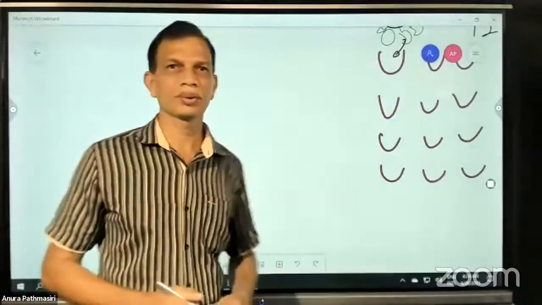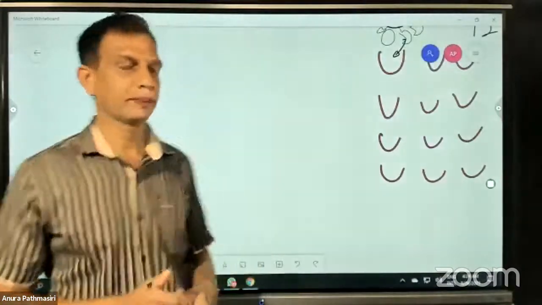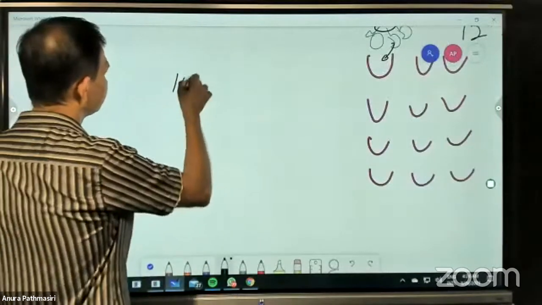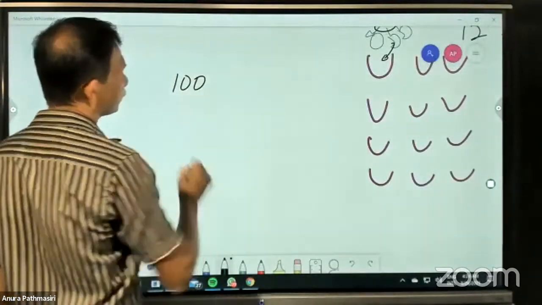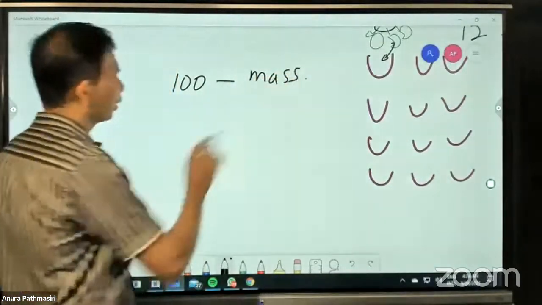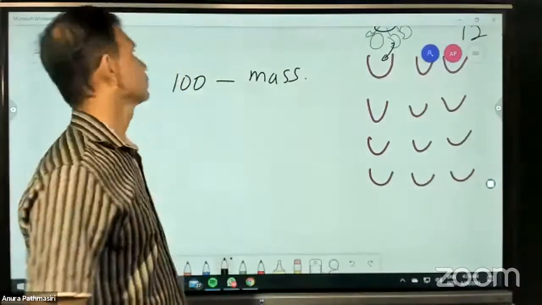Well, what I suggested was, you count 100. You can count 100, no problem. And then measure the mass. Count 100 papers and then measure the mass. Right.